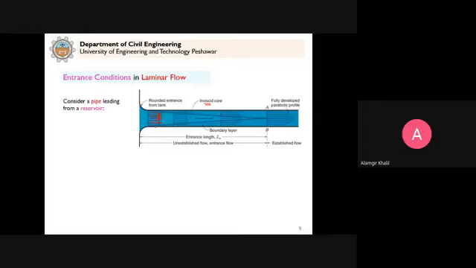But as the fluid moves, you can see that resistance to the flow occurs from the pipe wall, from both sides, due to the symmetry. So what will happen? That resistance will be transferred towards the center of the pipe, from both sides.